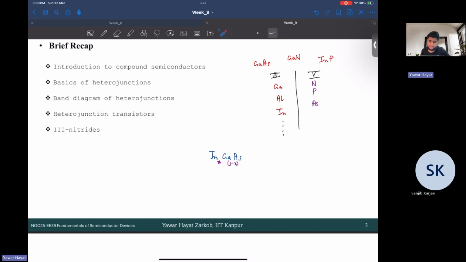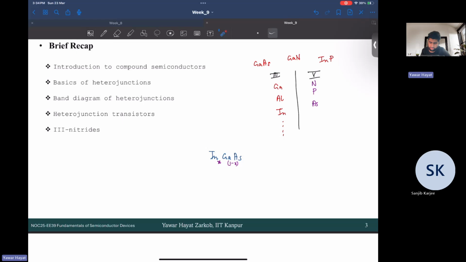And what if we vary x all the way to 1? If you put the value of x as 1, then this would be indium arsenide. Why? Because this would be 1 and 1 minus 1 is 0, so there won't be gallium. It should be indium arsenide. This is a rough estimate to show you that in such compound semiconductors, the material can change based on the values of x.